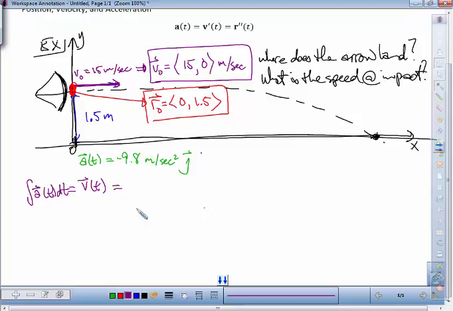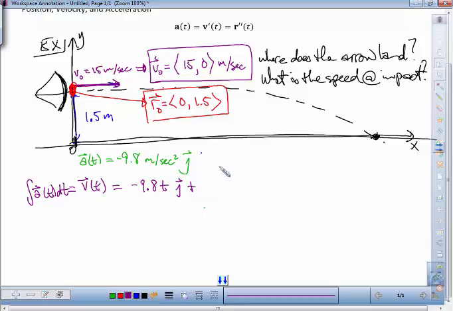And then there's no i component. We'll have a constant on the outside. And then there's a j component. You integrate negative 9.8, you're going to get negative 9.8t. And then I'll save the units on the outside. This is in the j direction.